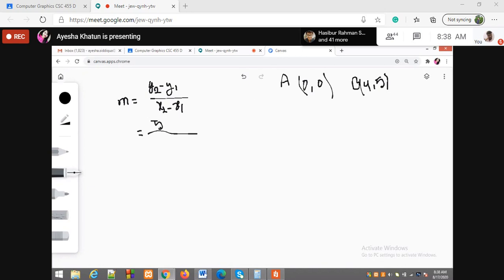That means 5 minus 0, and then 4 minus 0, right? So we will have 5 by 4. That means the slope is 5 by 4, right? Now you see, is 5 by 4 less than 1, greater than 1, or equal to 1?